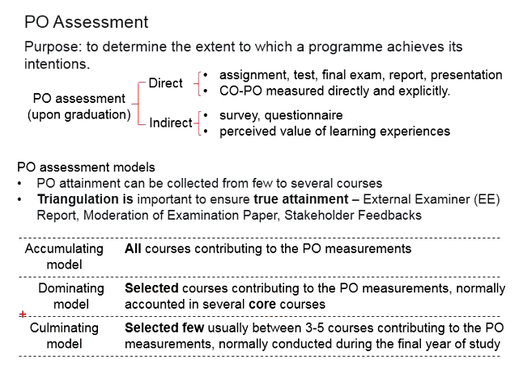Now, if you're talking about the culminating models, the number of courses being selected reduces. You only choose a few representative courses, typically in the range of 3 to 5 courses, in measuring the PO attainment.